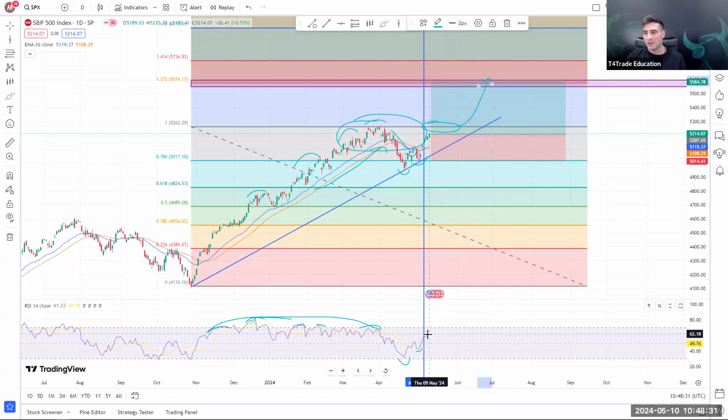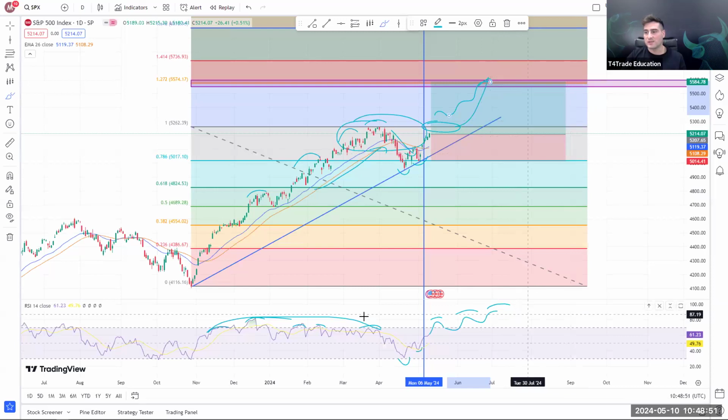So we need to see an RSI value crossing the 70 and then making new highs and new highs, consecutively higher highs, and it needs to reflect that with the price action as well.